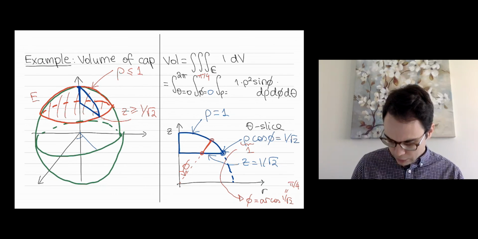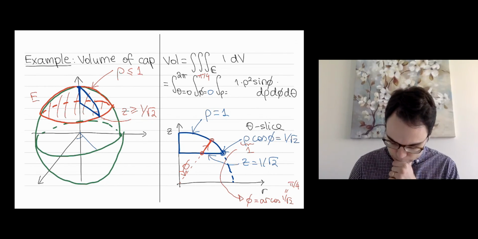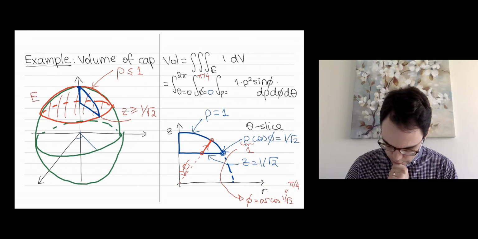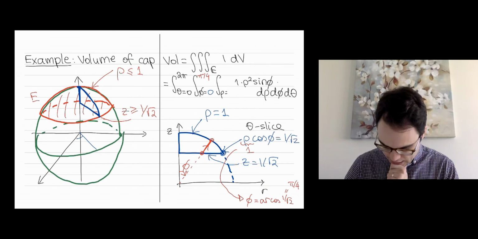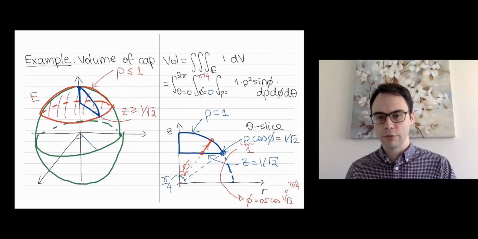The bounds for rho will be the rho values at these two extreme points. So let me add here the information that we had last time. We know this angle here is pi over 4, but phi is some number slightly less, between 0 and pi over 4.